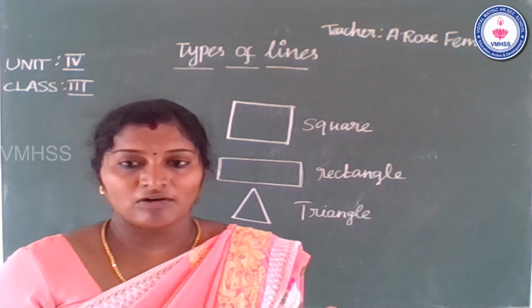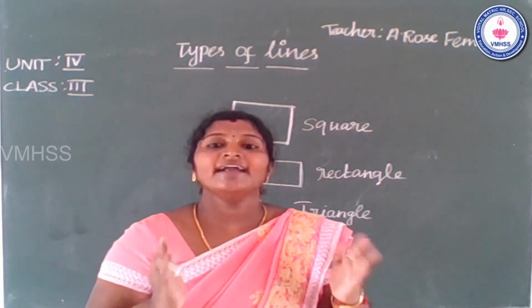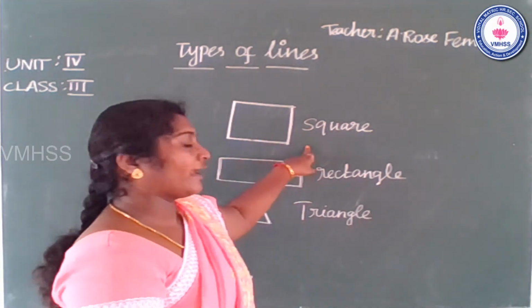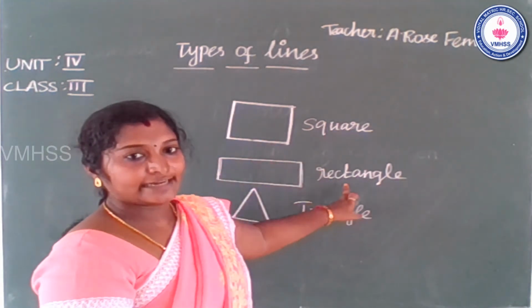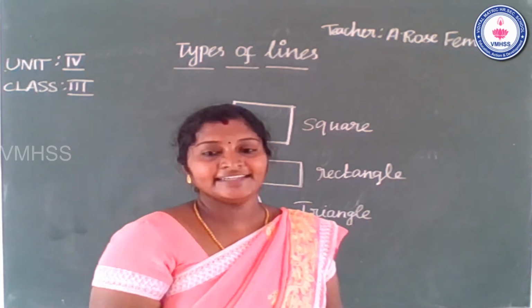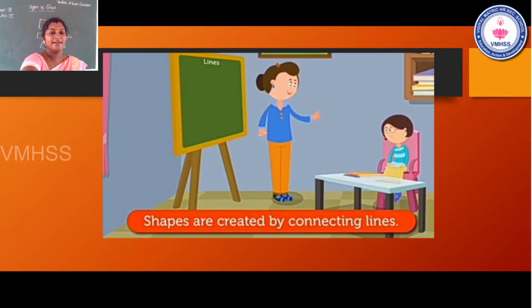Shapes are created by connecting lines. The first one is a square, the second is a rectangle, and the third is a triangle. See the next slide.